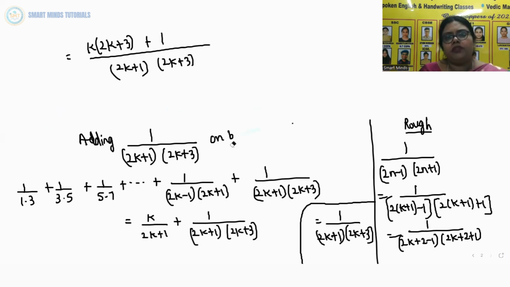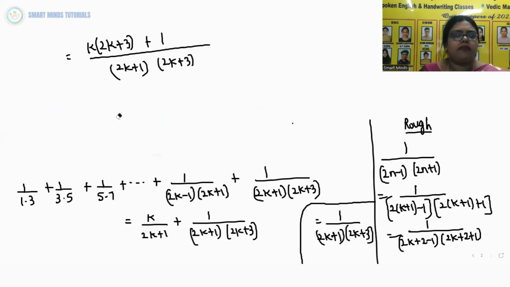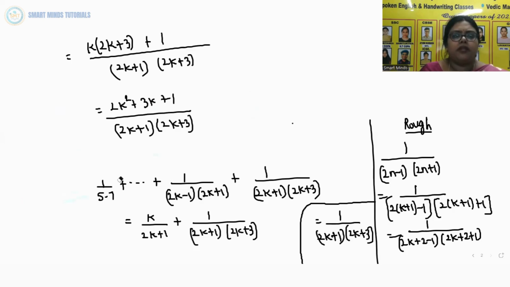Now we need to open the brackets, that is multiply k with the first bracket. So that is (2k² + 3k + 1) / ((2k + 1)(2k + 3)). Now in the numerator, we need to split the middle term.